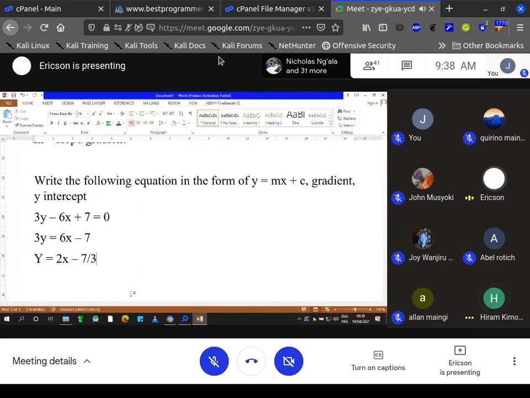You have written it as a mixed fraction, but they are 7/3. That's fine. Another question: can you be given another equation?